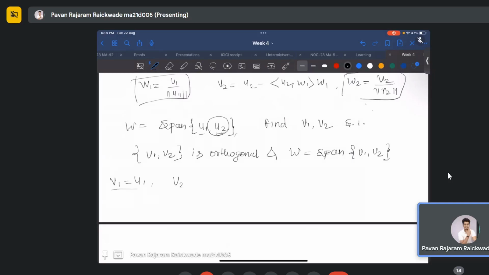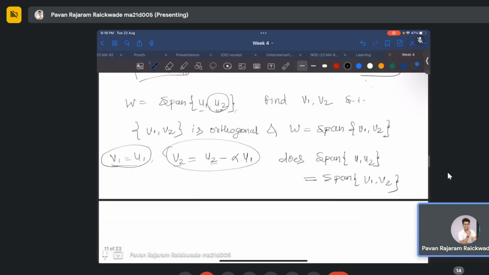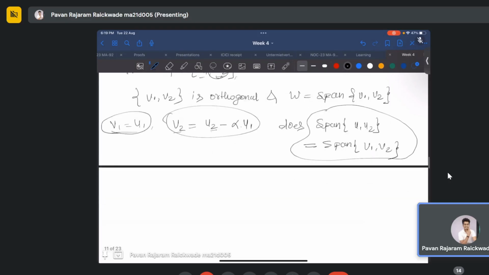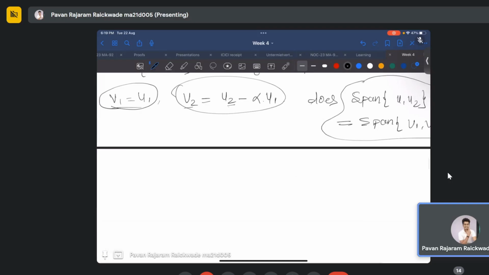What if I put V2 as U2 minus some alpha times V1? Is the span of U1, U2 the same as the span of the newly constructed V1, V2, where V1 is U1 and V2 is this vector? The answer is yes.